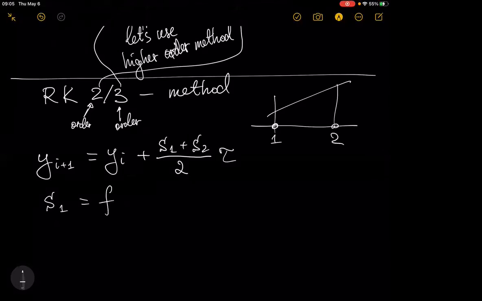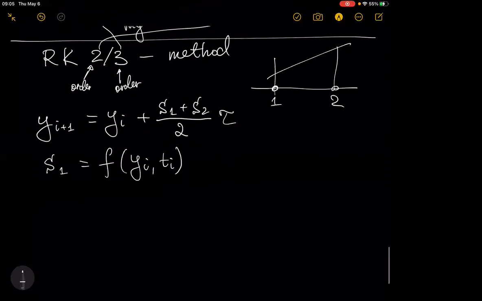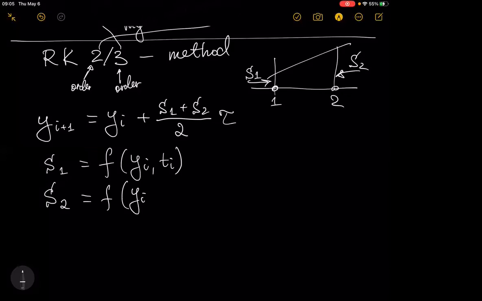S1 is F of y i, t i, and S2, here is our S1, evaluated in this point, and we use an approximation for S2, which is nothing else but F of y i plus S1 tau, t i plus tau, right?